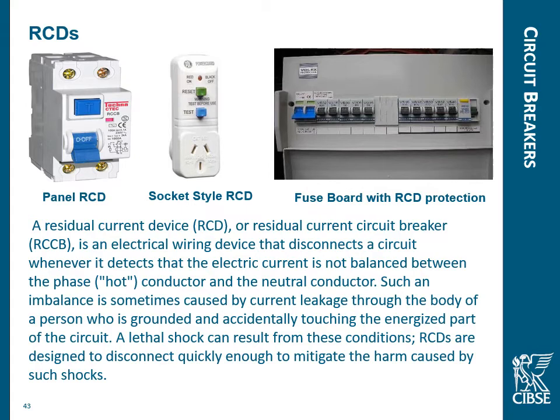And it's probably leaked down to earth. Now, what's more important for us is to think, where is it leaked down to earth through? Because it could have leaked down to earth through somebody's body, i.e. they've got the hand on the terminal and it's leaking through the body and the feet are touching the ground. And that obviously would kill them. So what we need to do, we need to make it actuate and trip out.